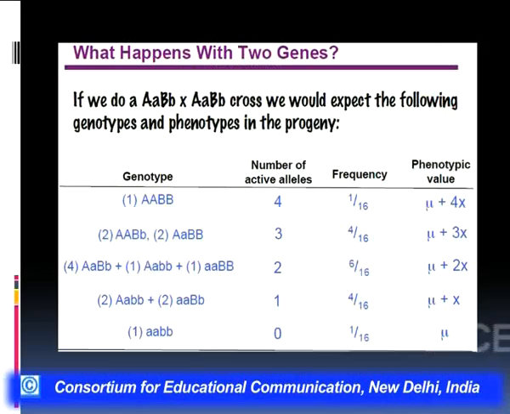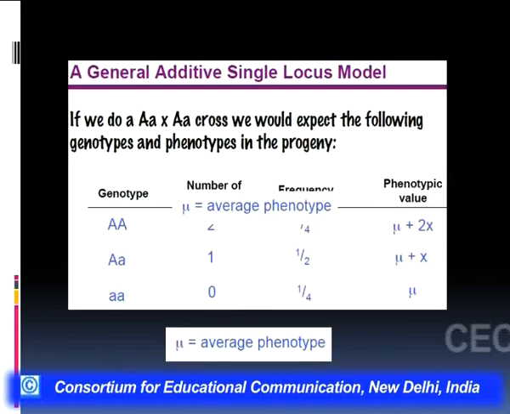What would you expect if we were to have a dihybrid cross with 2 genes? We would expect that the number or the types of active alleles would be 4, 3, 2 and 1. So, at every point we are talking about a quantitative approach. In a normal Mendelian genesis, capital A is equivalent to capital A small a, but here it is not, and as a result we would find that the average phenotypes are different.